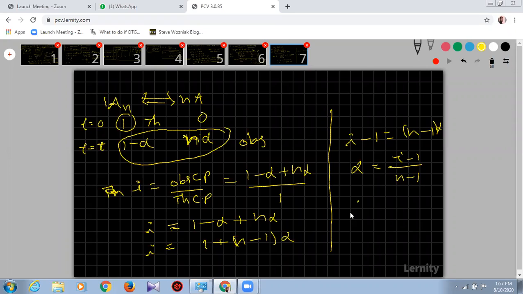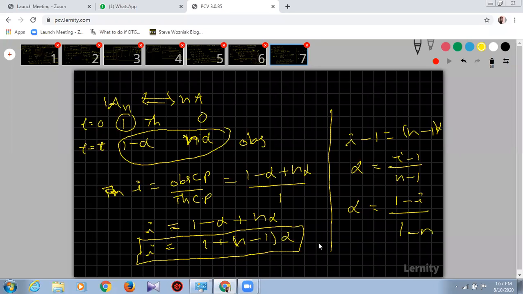If I take minus 1 as common, I will get 1 minus i by 1 minus n also. So these formulas are very, very important. The very important thing is i is equal to 1 plus n minus 1 alpha. It's easy to remember. This is in the case of dissociation.